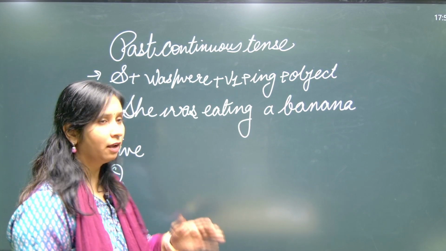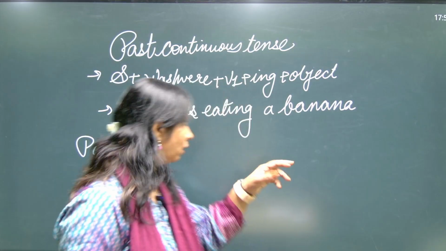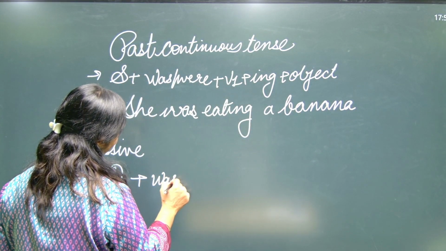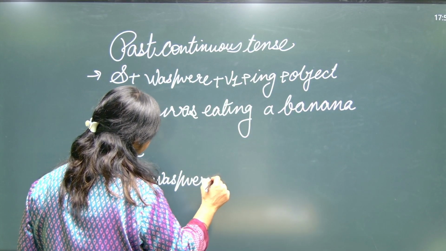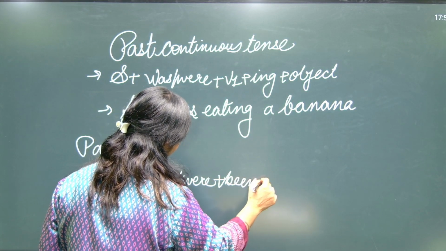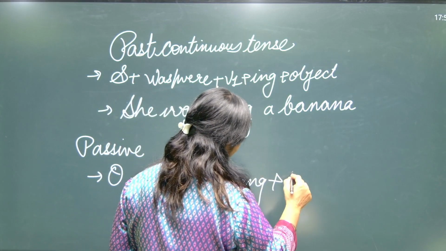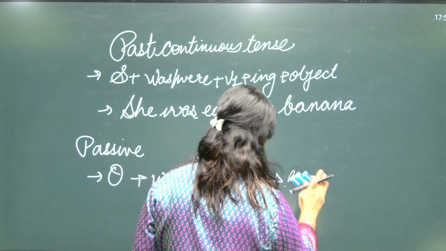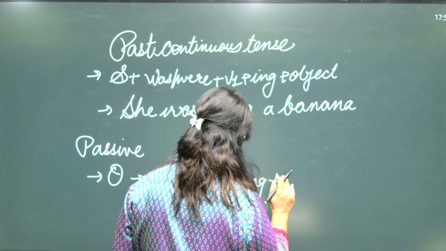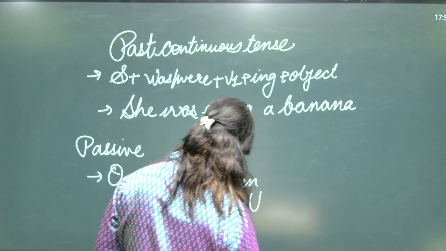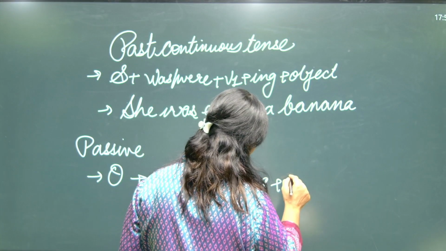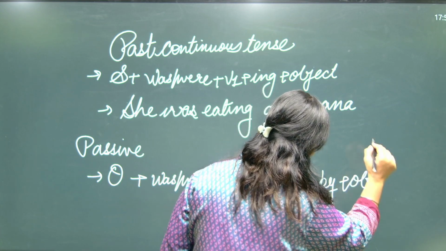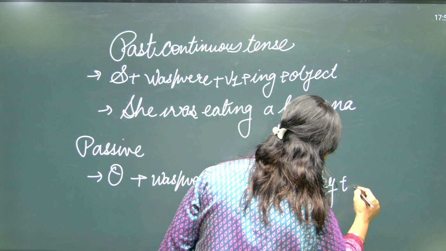As I said, object is being swapped to subject. What is the subject? We have to take here object plus was, were plus being plus verb's third form plus by plus subject, I said.